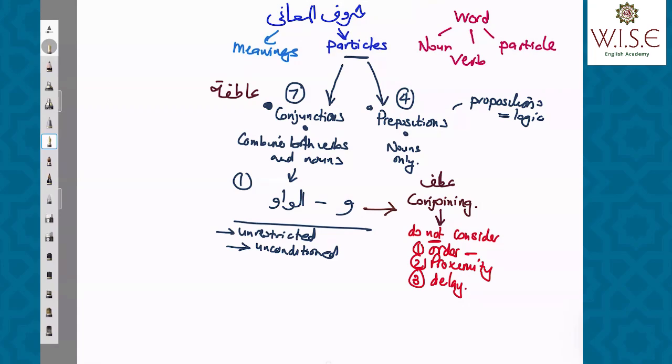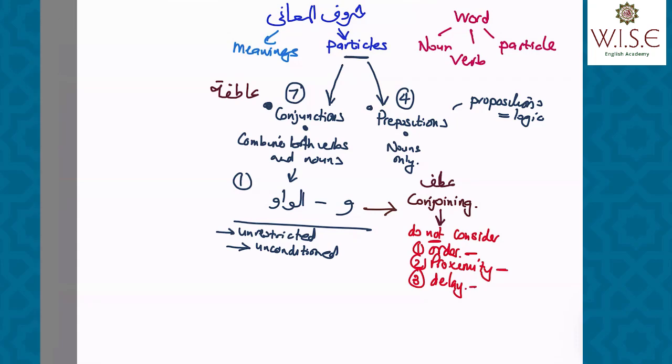They could have come separately. So Zaid could have come and Amr. So it doesn't have to be together. Or they could have come in a different order. Amr could have come first and Zaid. It doesn't mean that Zaid came and Amr came later, or Amr came and Zaid came later. It just means there's this idea of coming in the case of Zaid and Amr came.